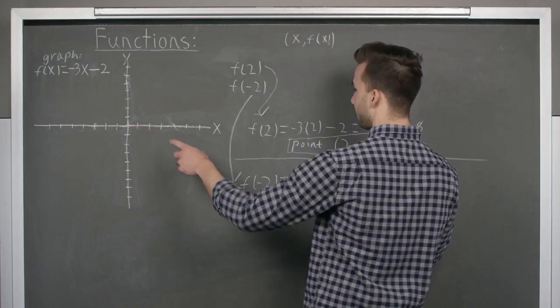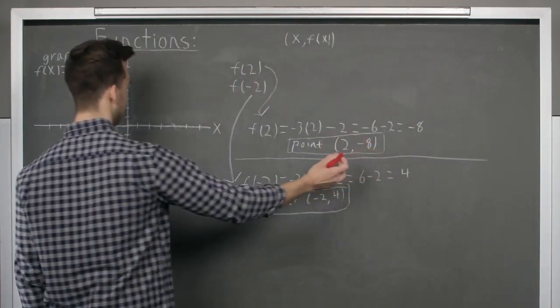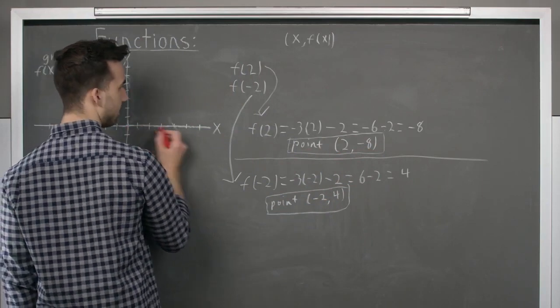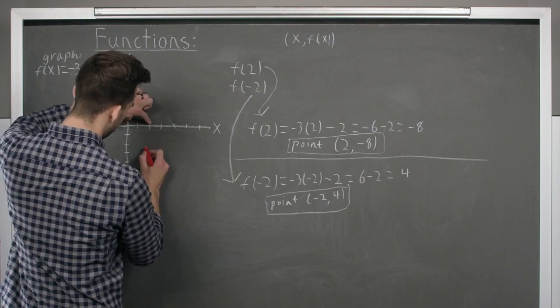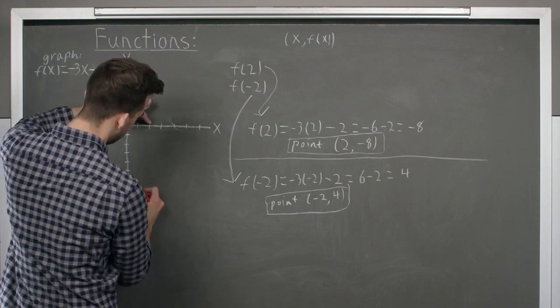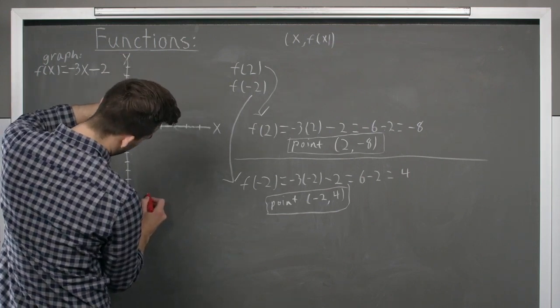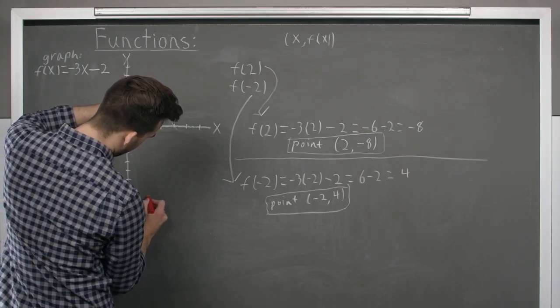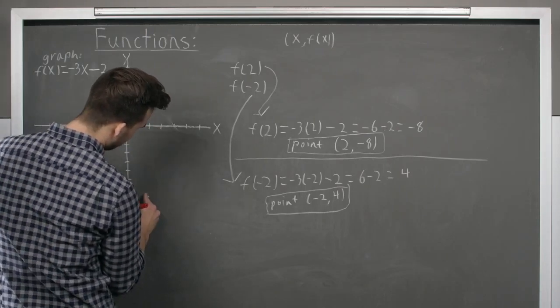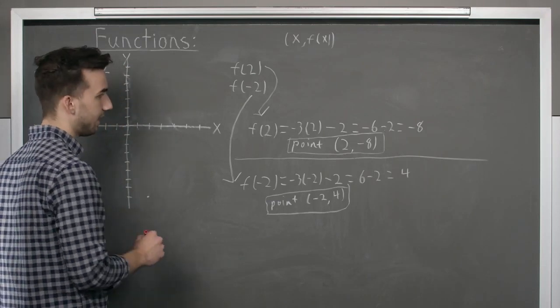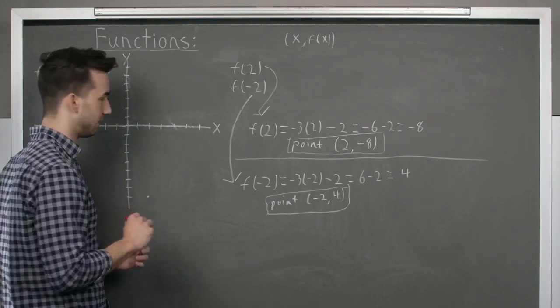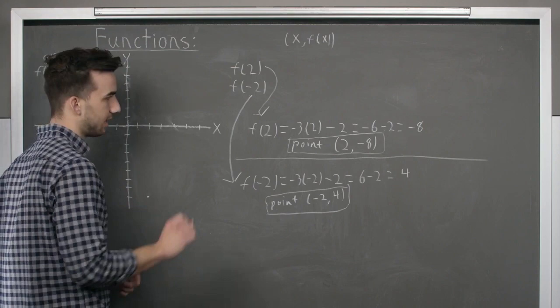So 2 in the x direction, 1, 2, and then -8 in the y direction. 1, 2, 3, 4, 5, 6, 7, 8. Look at that. Just enough ticks. And if you ever don't have enough ticks, you can draw more, or else find a smaller point that will give you a smaller x or y value.